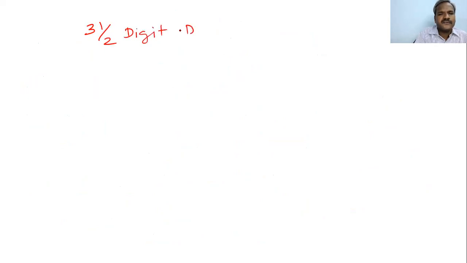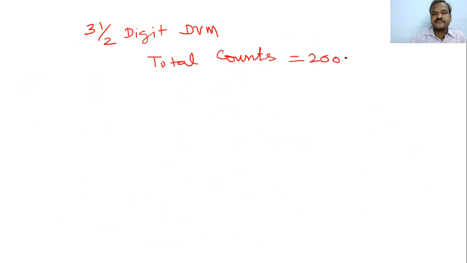The total counts equal 2000, from 0000 to 1999. This is the total count we latched during the counting process of the dual slope ADC.